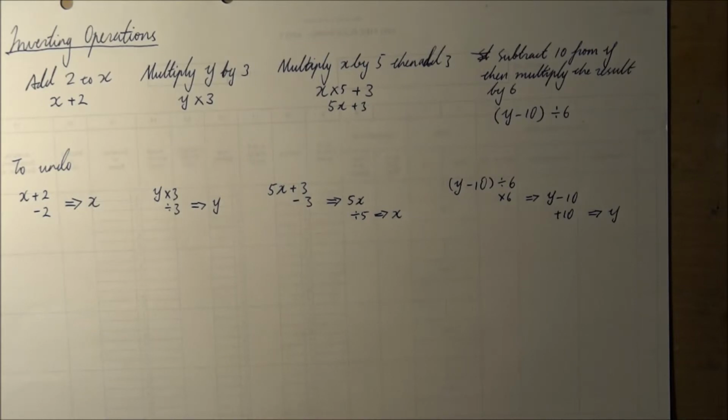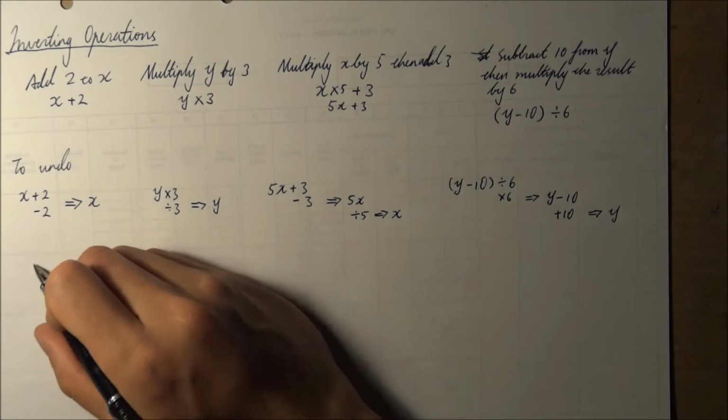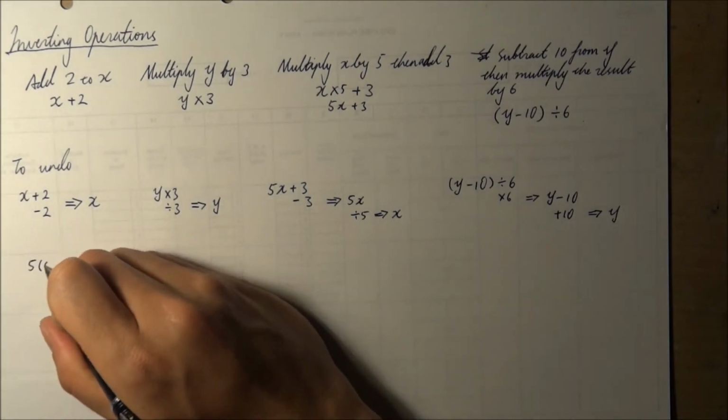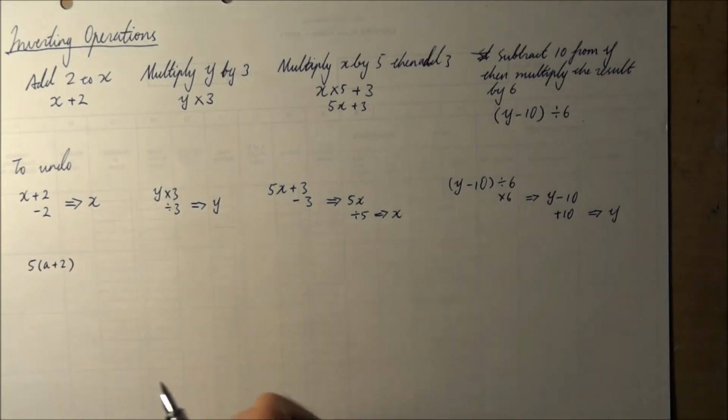So this is just how we undo all the operations. And let's try a few more examples. So say we have 5a plus 2.